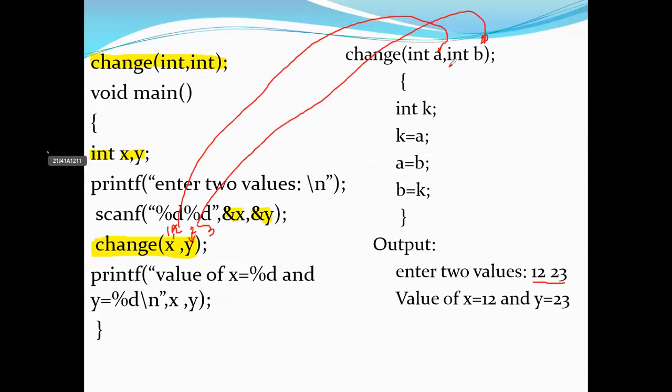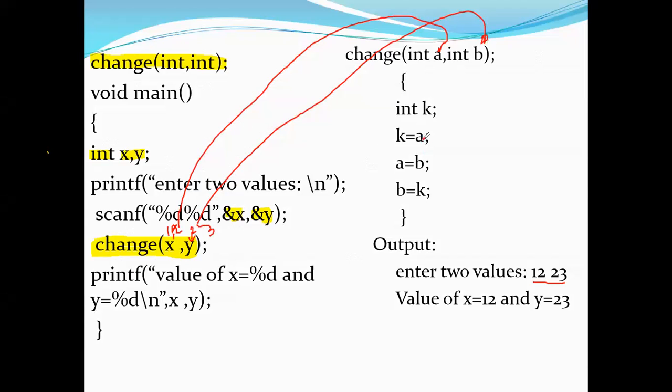In the change function, followed by int A, int B, these arguments, whatever variables you define here, are integer type. First we have to use a return type followed by change, int A, int B. Here the x value is copied to A, and the y value is passed to B. Here we have used one more variable, int k.